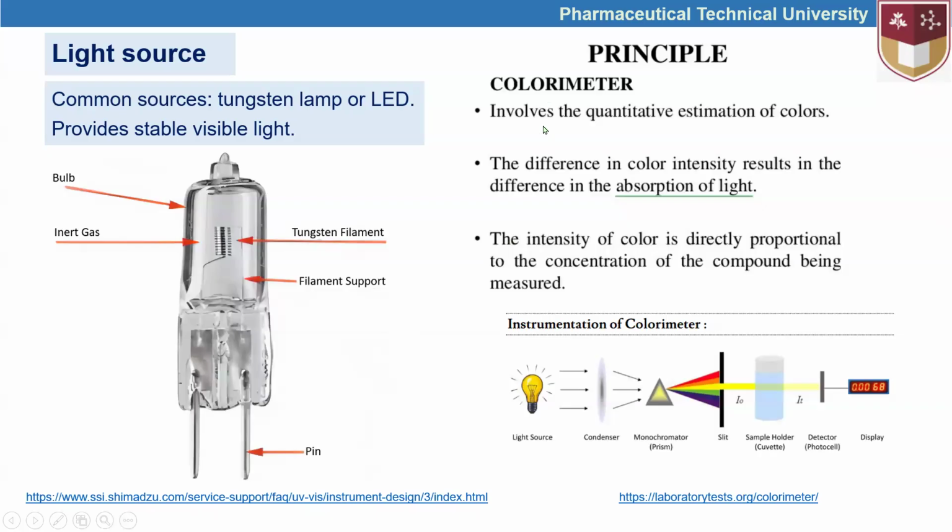Colorimeters involve quantitative estimation of colors. The difference in color intensity results in a difference in the absorption of light. As shown here, the intensity of color is directly proportional to the concentration of the compound being measured. Here there are some condensers that collect the light onto a smaller surface, which is further filtered.